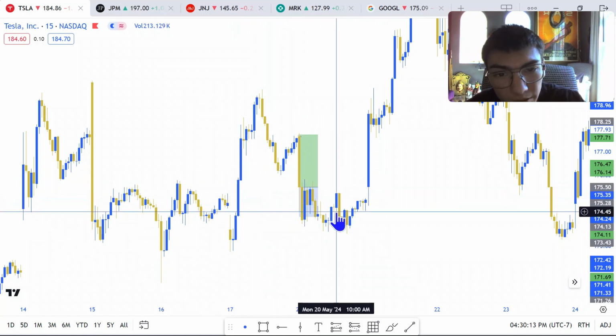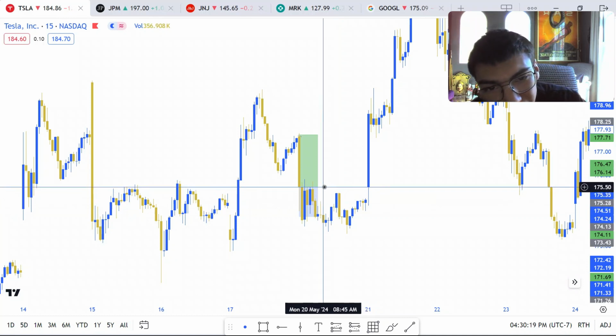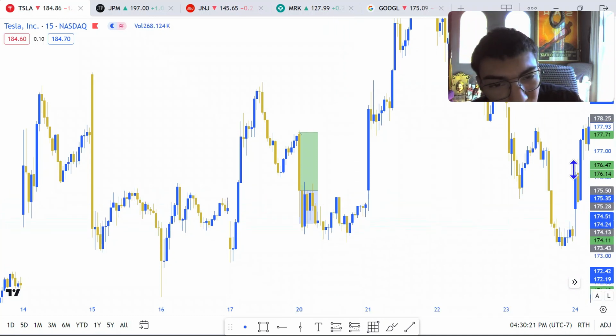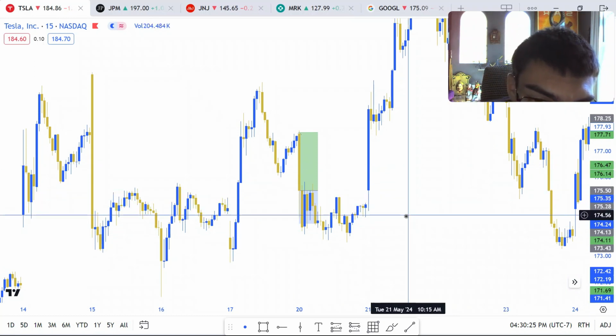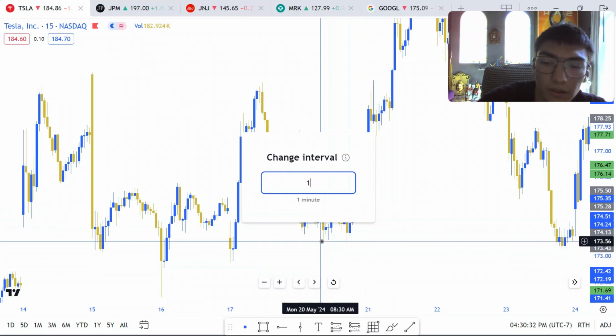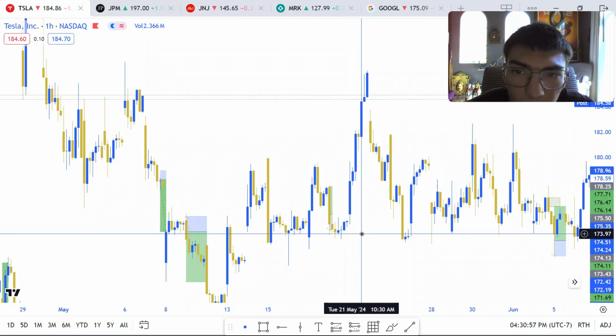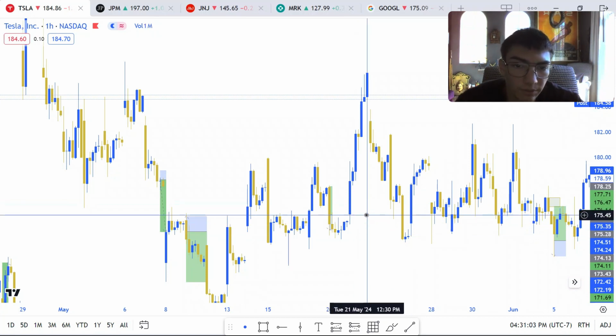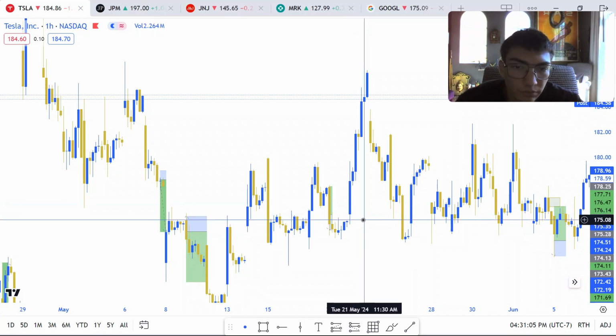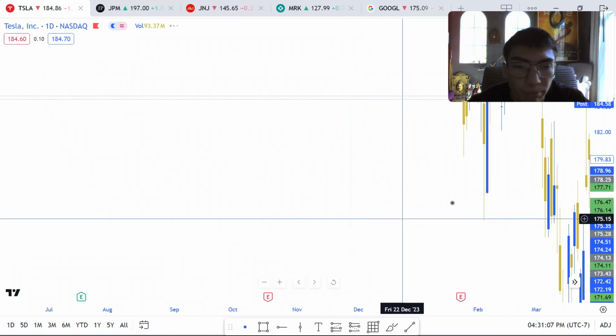Me knowing that it entered the fair value gap after a whole day, we could have said, okay, let's wait for extra confirmation, a breaker structure to the upside. Well, actually go back on the 1 hour. We got stopped out. There's no more breaker structure on the upside, so we would have just dealt with the loss. But now we are confirmed bullish.